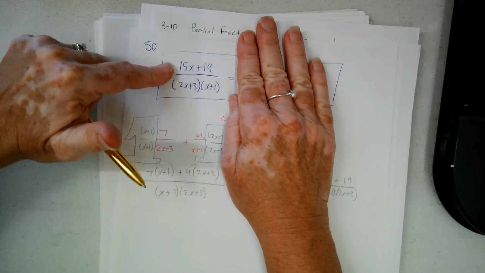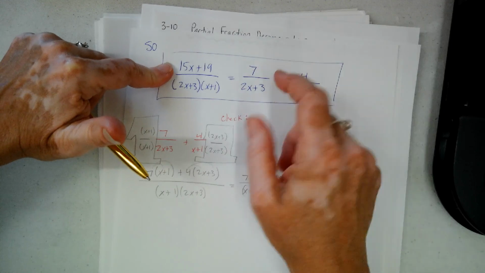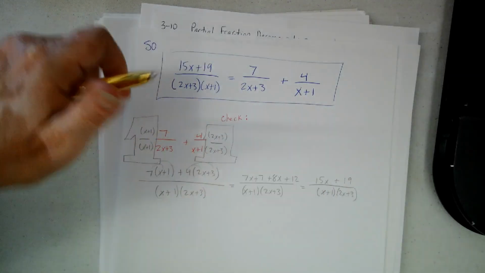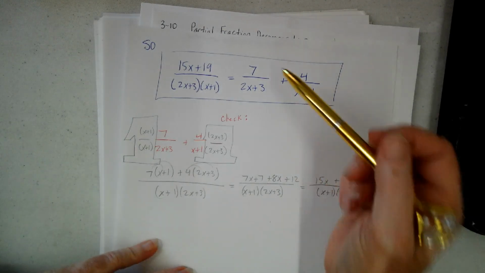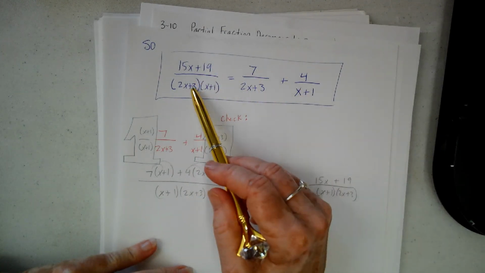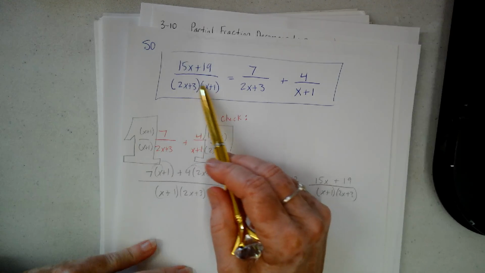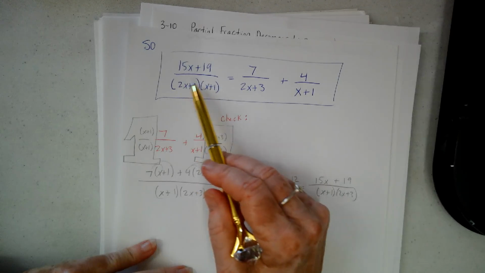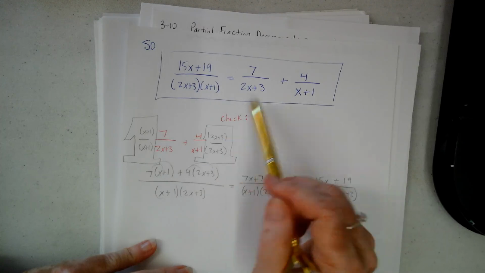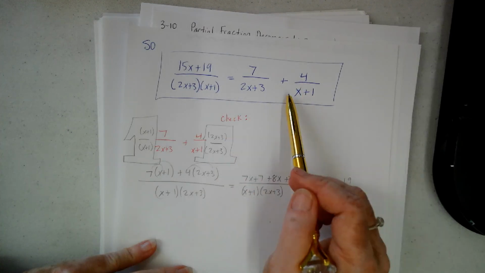That means you're being asked to find out which two fractions got added together to make that. So the easiest way to do it is to break it apart into two fractions. We have this factored on the bottom, so you do one fraction for the first factor and another fraction for the second factor.